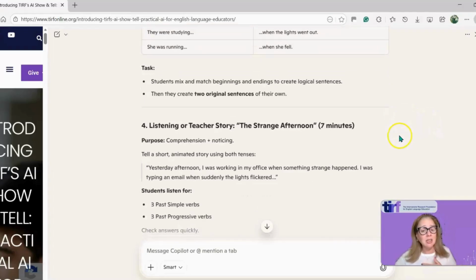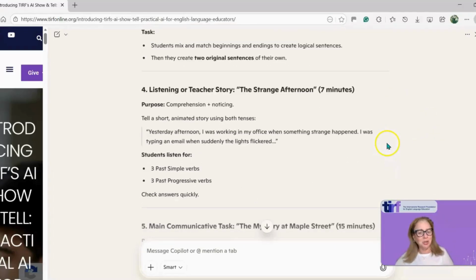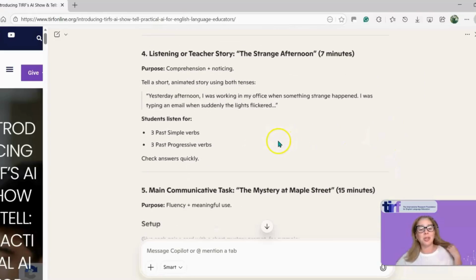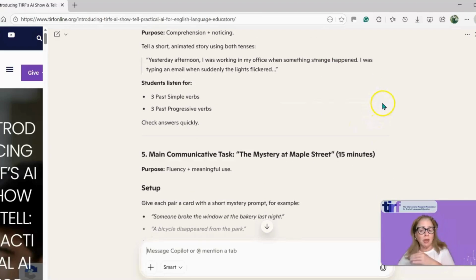There is a listening activity, which is a teacher story, The Strange Afternoon. So you can read this aloud. You can have them listen to you. Yes, you will be practicing a listening activity. It could be a speaking or a fluency activity or a pronunciation practice if you ask them to read this mini story. Again, you don't have to copy and paste the story.